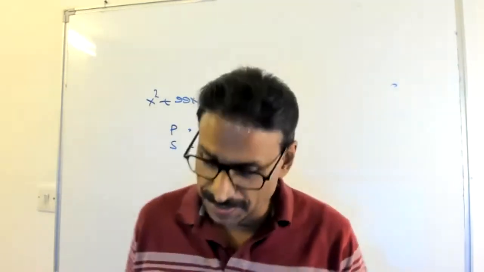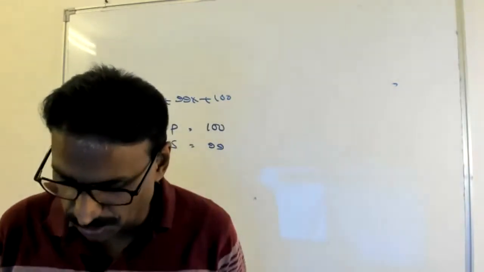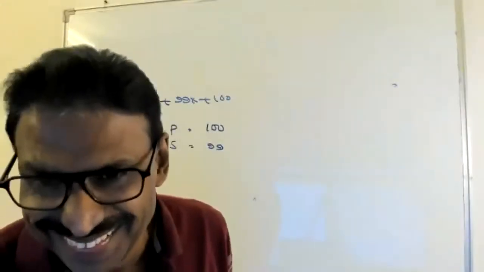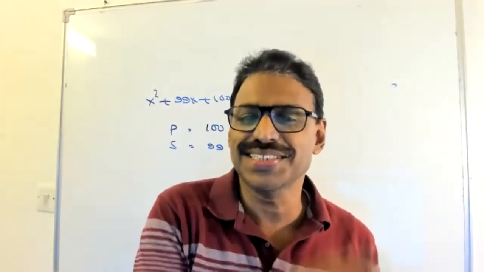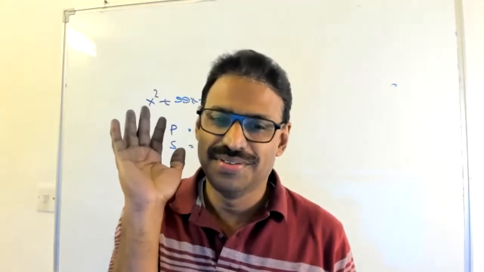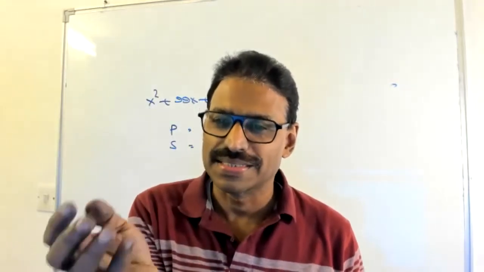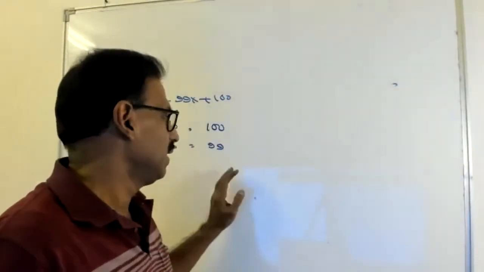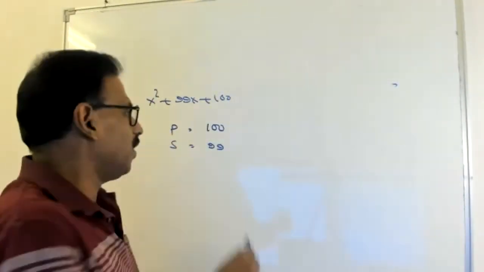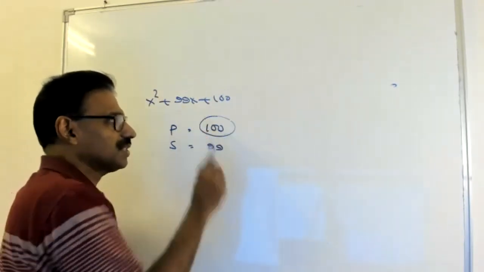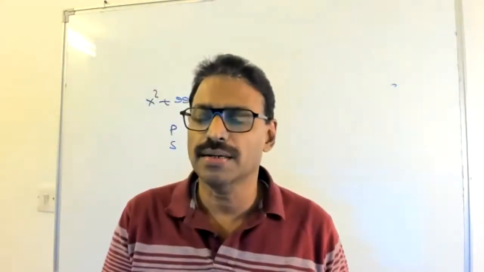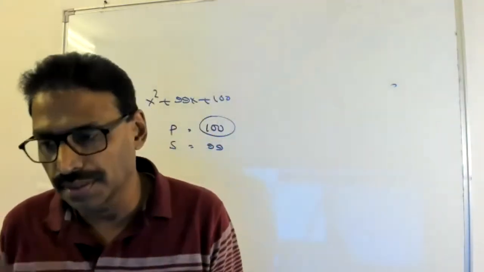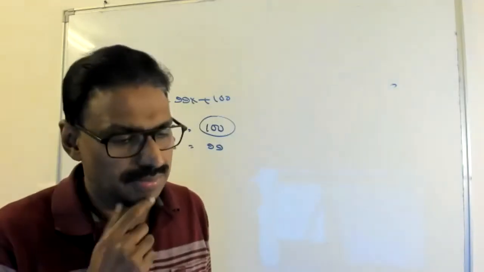That means your C is straight away rejected. C is straight away gone because the product is positive and the sum is positive. Product positive means both numbers are either positive or both are negative only. Keep that in your mind.